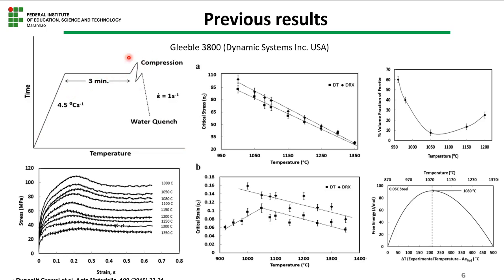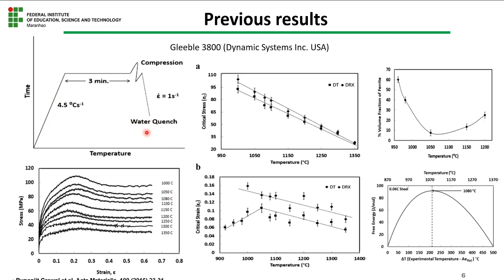We did compression tests at a very high temperature. As you can see here, the temperature was from 1000 centigrade until 1350 degrees. So we varied between 50 degrees, 30 degrees, 20, and so on. This was inside the austenite phase field.